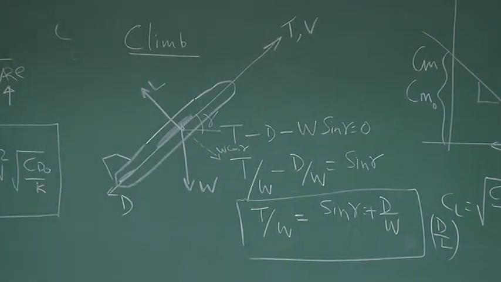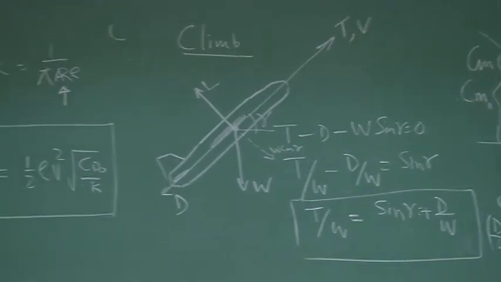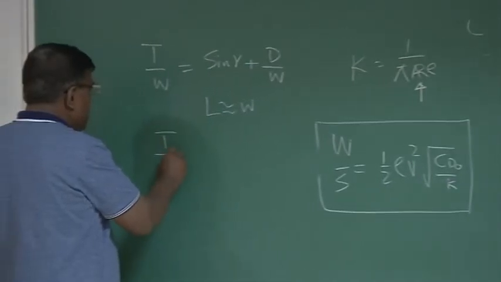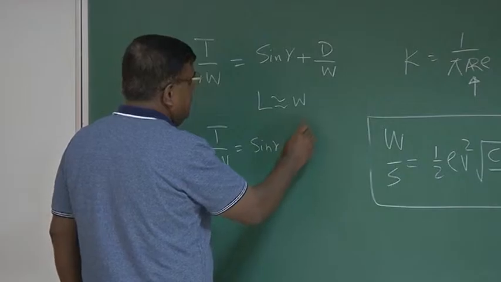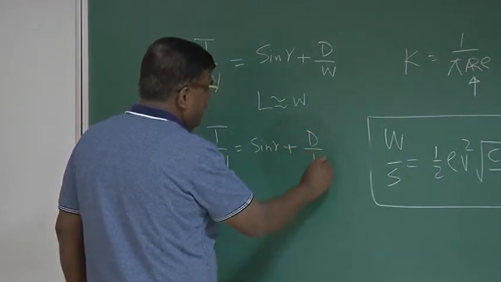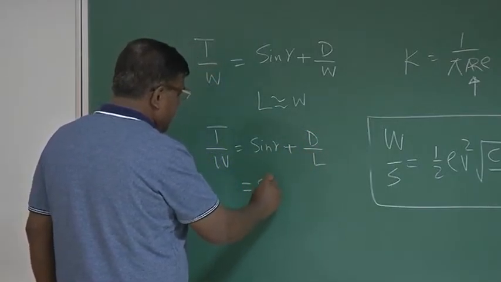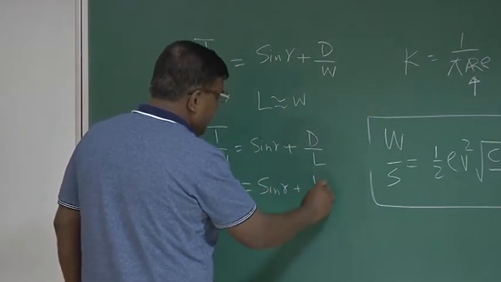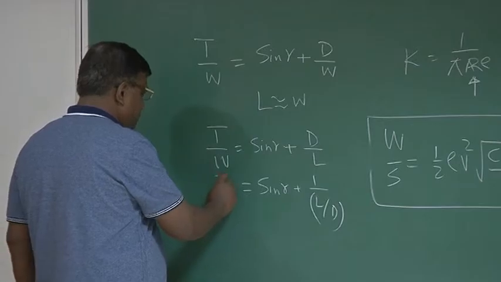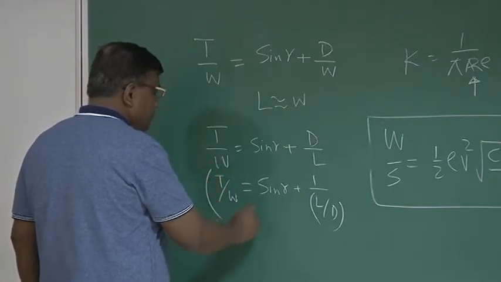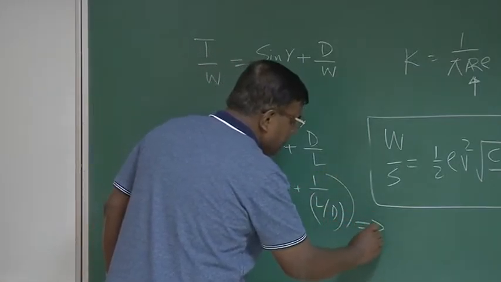As a designer, I always do that. If I do this, then I get T by W is equal to sine gamma plus D by L, or sine gamma plus 1 by L by D. This is during climb.